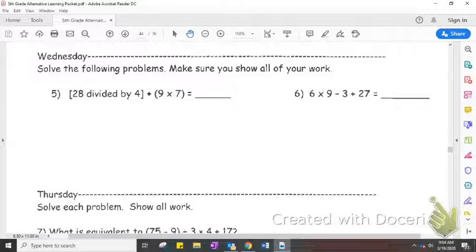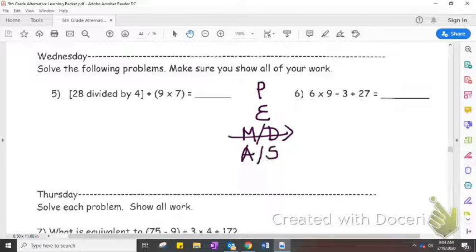Over here. I will write PEMDAS off to the side, from left to right. Hopefully I left myself enough room here.